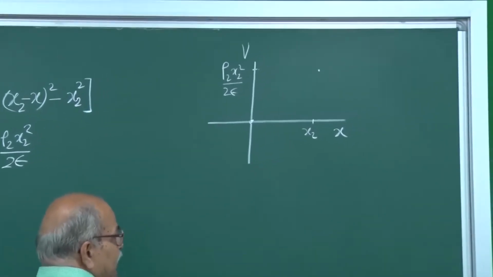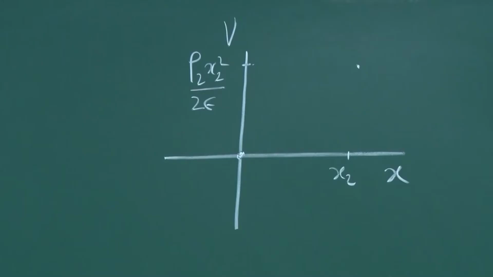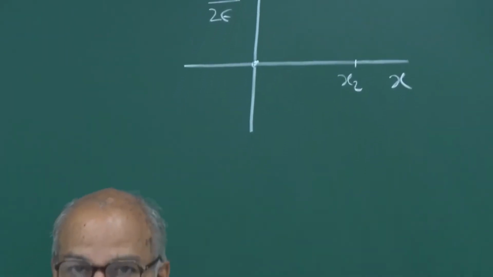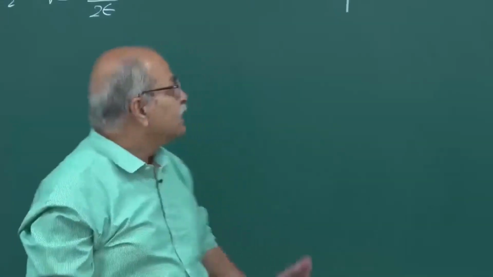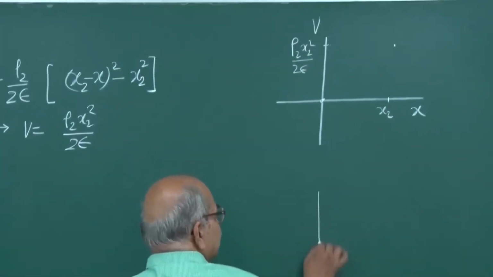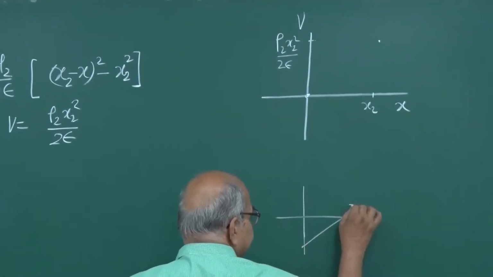And then it's quadratic, and also remember the slope of this v versus x is the electric field in magnitude, and here the electric field is like this.